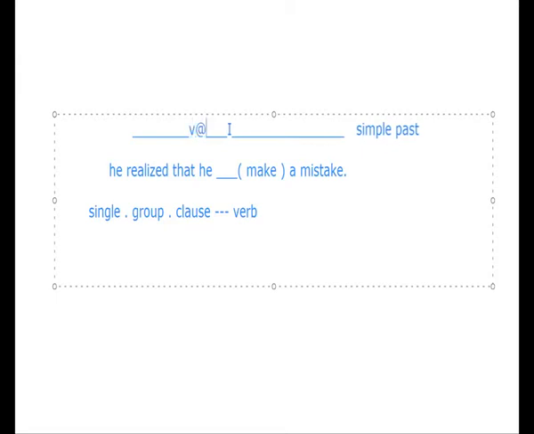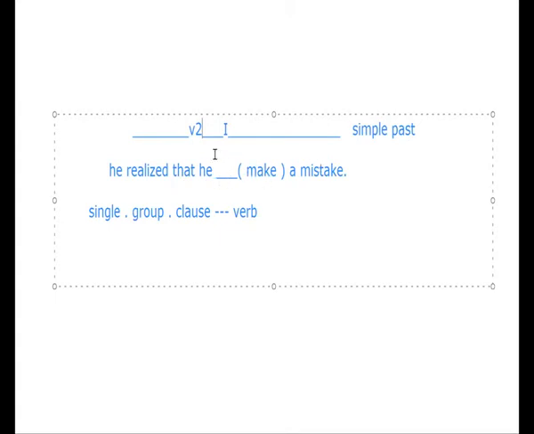So I know where this "realized" is positioned. Now I will see this "make" in relation to this V2. He realized that he made a mistake. Should I put this "make" on the left side of V2 or the right side of V2? Looking from here, V2.